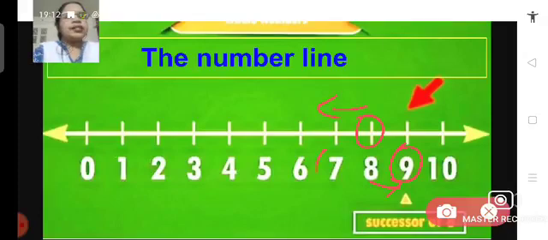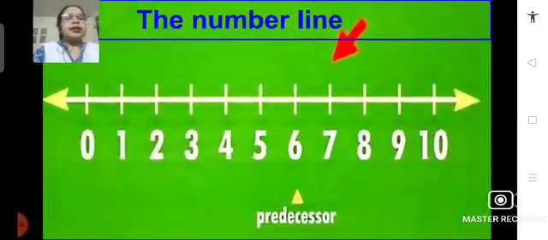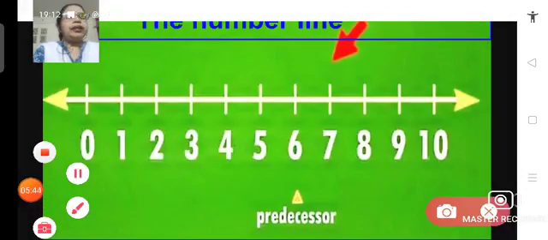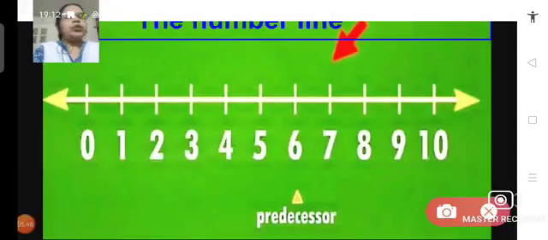So 7 is the predecessor of 8. It is to the left of 8. When we move to the left, we get the predecessor. Suppose we move to the left of 8, we get at a unit distance 7. 7 is the predecessor of 8.